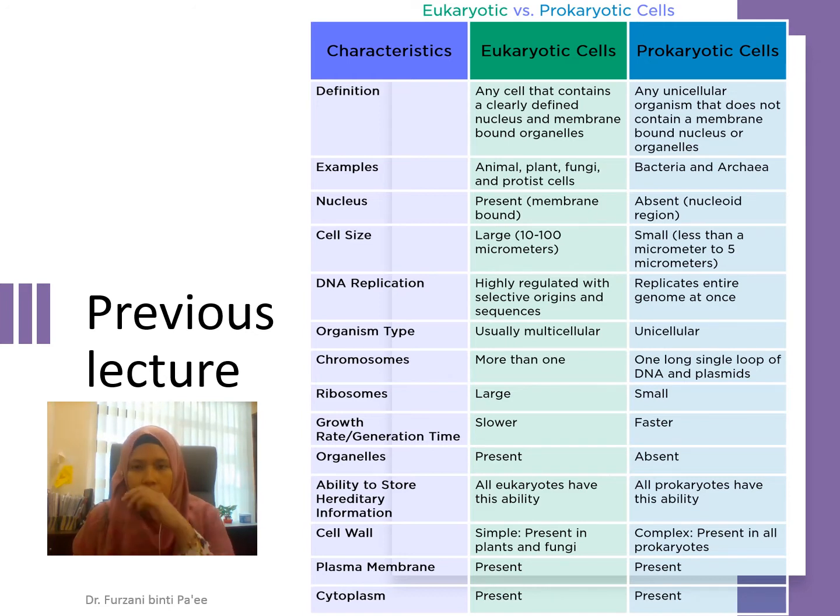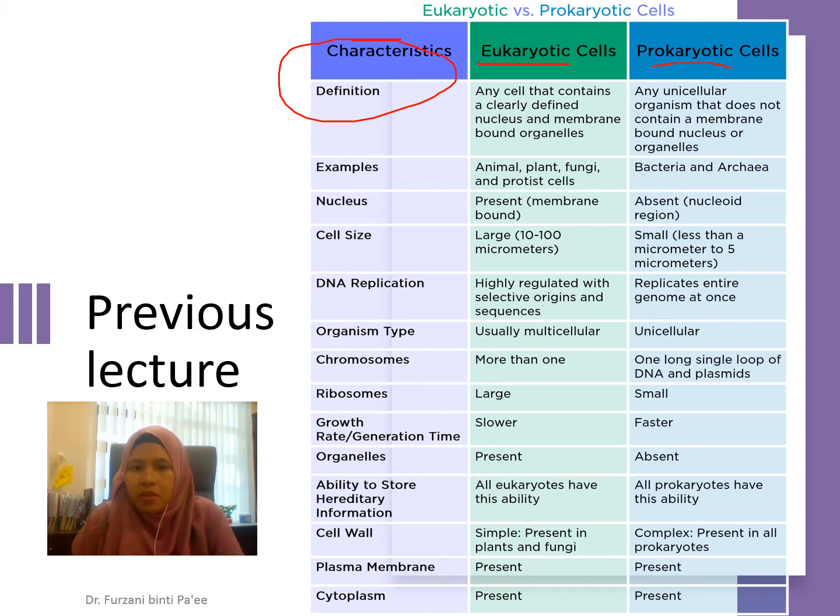This is the table showing the differences between the eukaryotic and the prokaryotic cells and their characteristics. There are a lot of differences, and actually they have a lot of similarities as well, but what we want to know is the differences.